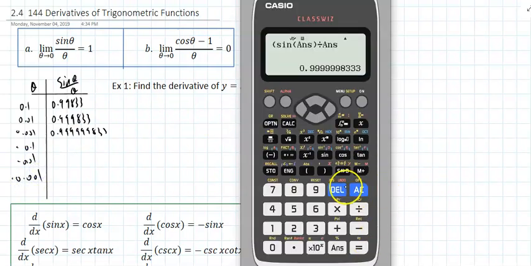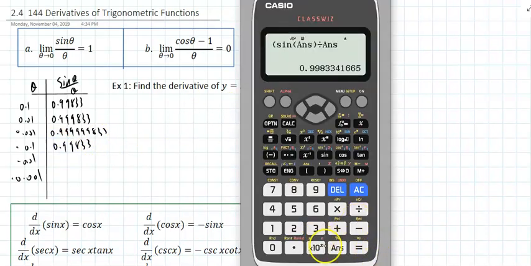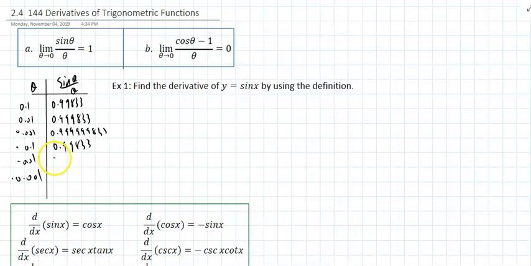Well, does the negative make a difference? Well, negative 0.1, and if I evaluate that, that turns out to be the same. 0.998334, whatever. And if I go by negative 0.01, 4 nines, well, it's turned out to be the same thing.